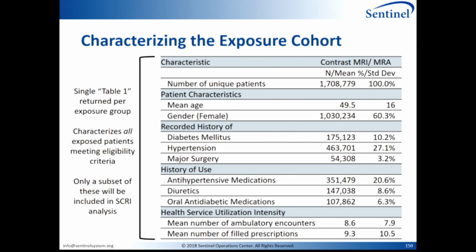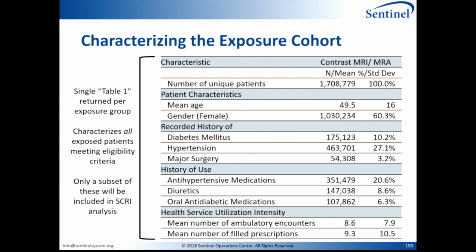In this case, we're looking at the table for contrast MRI and MRA, regardless of extremity versus non-extremity status. So this is the overall group. And you can see that there were 1,708,779 unique patients contributing to this study, or contributing to the exposure cohort.